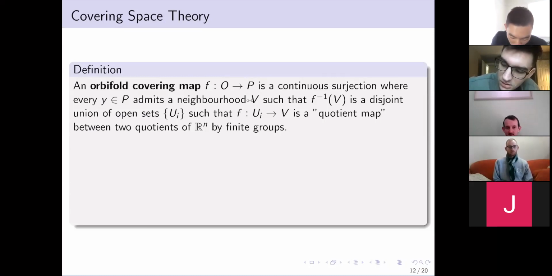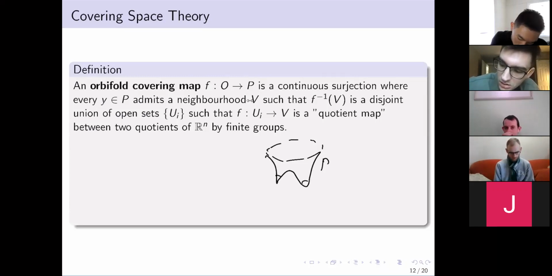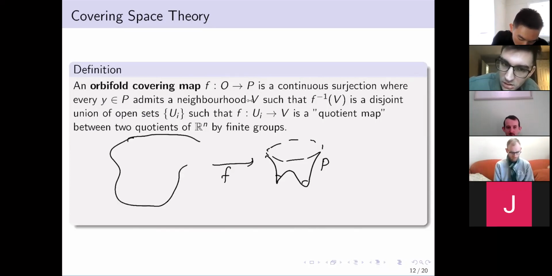So the idea is that, if I have, let's say, the example that I had earlier, the one with 2 cone points, I'm going to call this P. And then suppose I have some other orbifold over here, and I look at the cone points on here, I'm going to call it Y, and then I look at the pre-images, and then I look at the corresponding neighborhood.